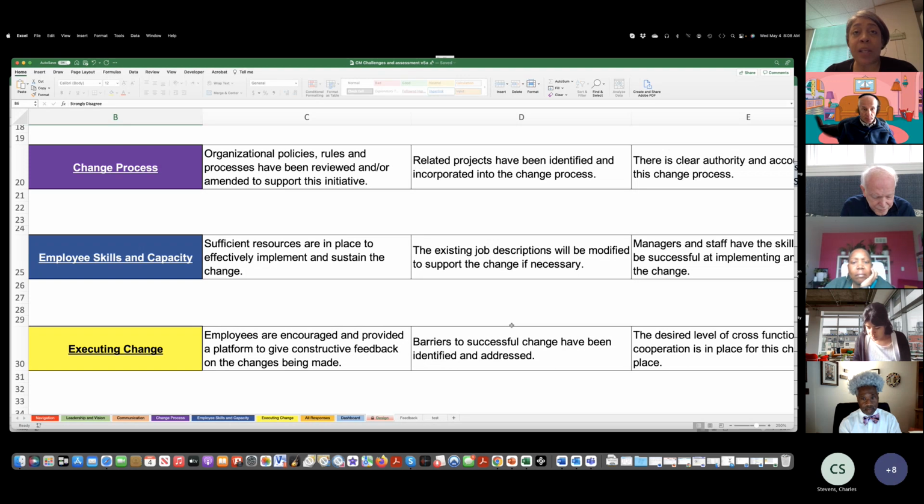Change management is not easy. It is not comfortable. It is not meant to be comfortable. Change is difficult. And in working through this, being able to do this in a group setting matters.